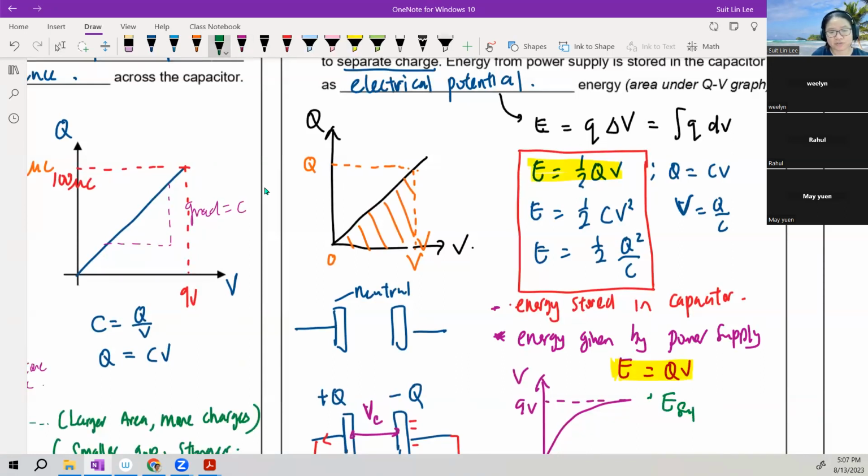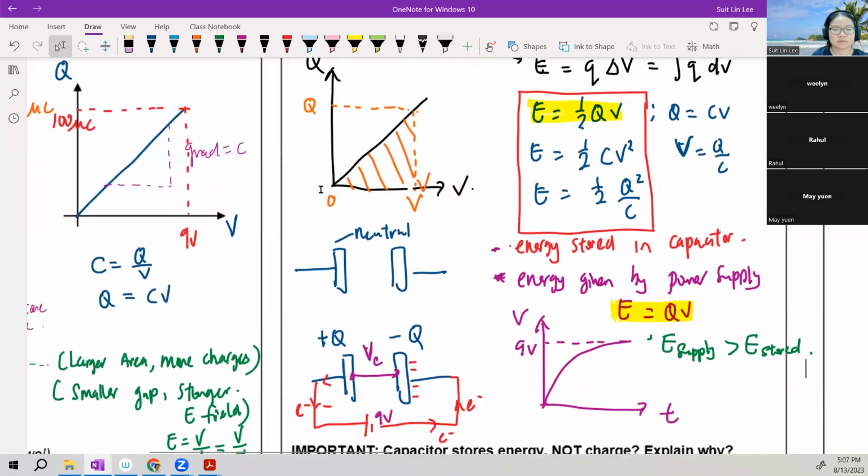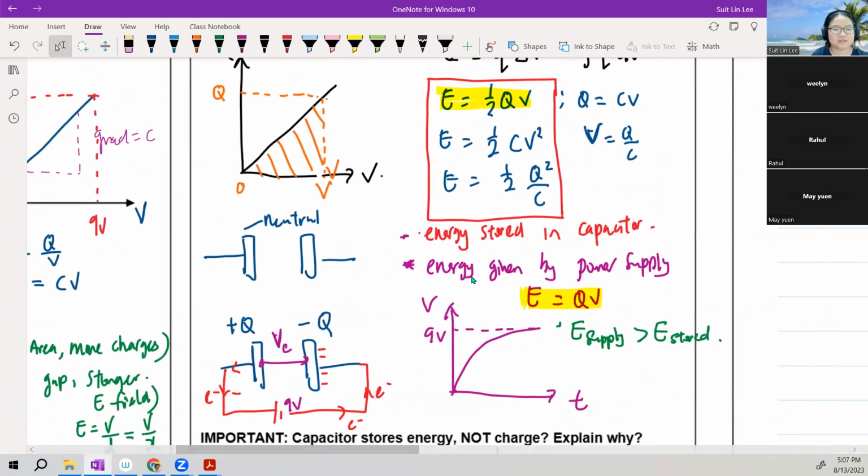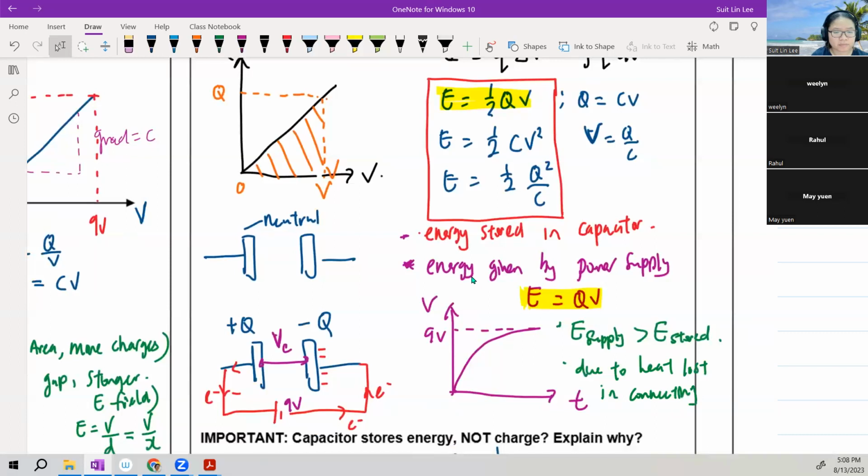So the energy of the supply is bigger than the energy stored in the capacitor. And the reason is that this is due to heat loss during the charge transfer process. So heat loss in the connecting wires. So as a current flows, there is some heat loss.